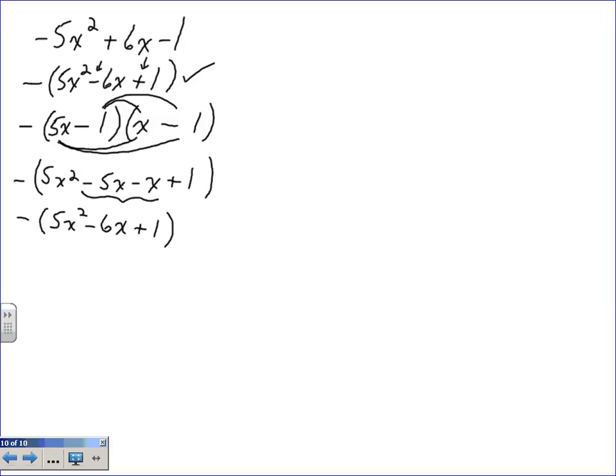What if it equals 0? Okay, well, let's look at the factor here. Let's look at this line right here, this third line down. That says negative (5x minus 1) times (x minus 1).